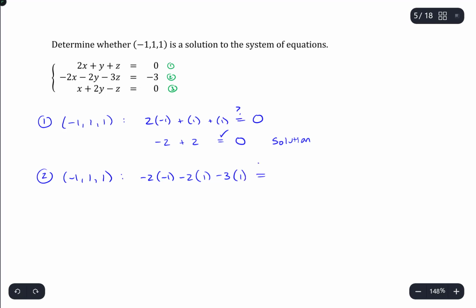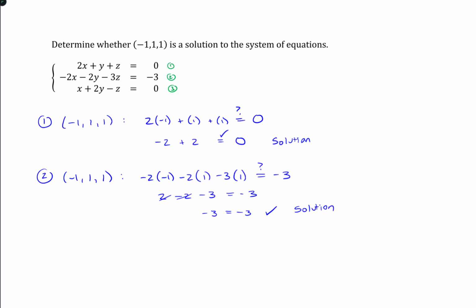And this is supposed to equal the value negative 3. So let's see if that works. Negative 2 times negative 1 is 2. This would be minus 2, and then minus 3. And 2 minus 2 cancel each other out, so negative 3 does in fact equal negative 3, so that checks out. So this is also a solution to the second equation.